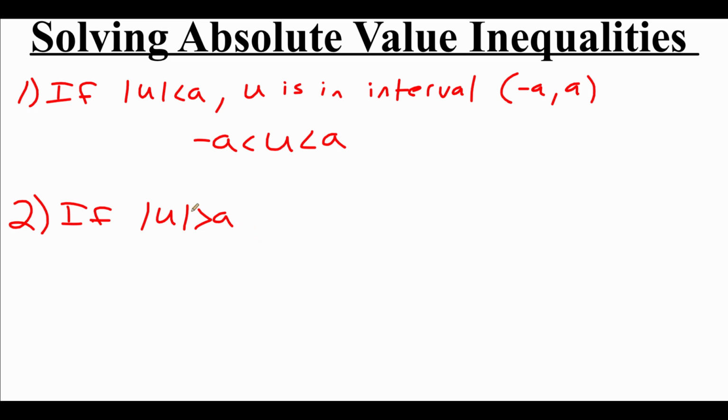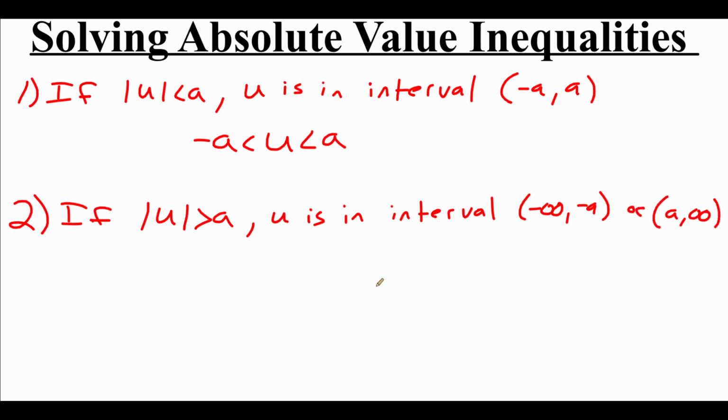If we're dealing with something where the absolute value of u is greater than a, then u is in one of two intervals, either between negative infinity and negative a, or it could be in the interval from a to positive infinity. So if we have an inequality with a greater than symbol, we're going to split this into two separate inequalities.